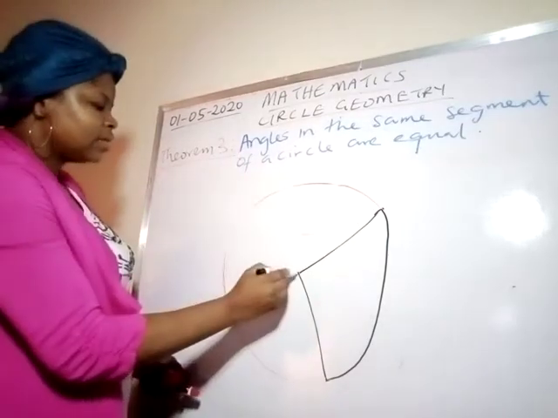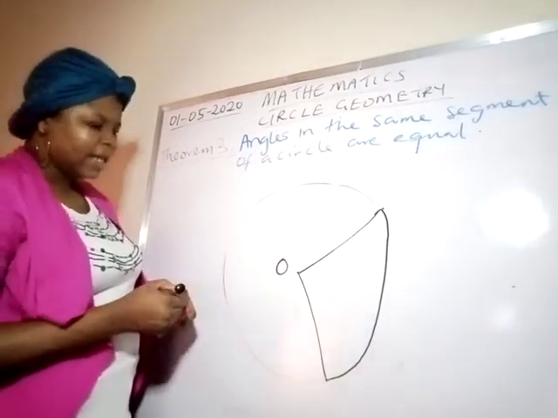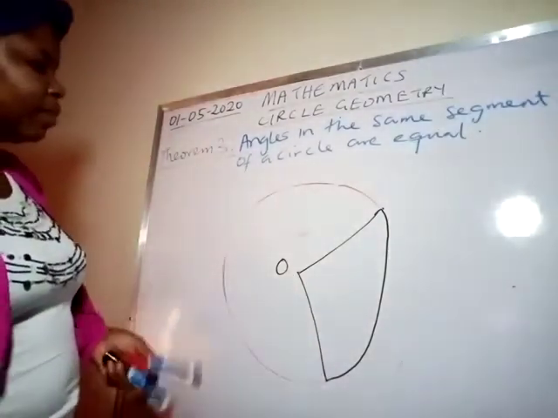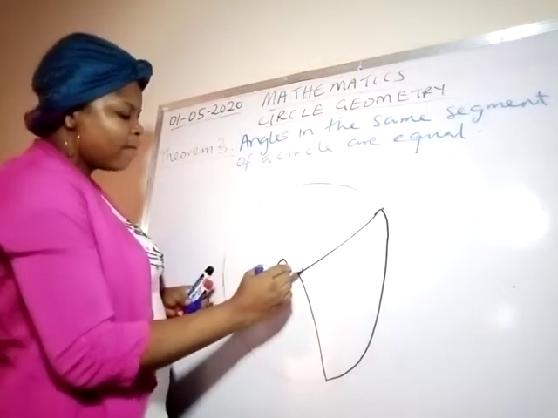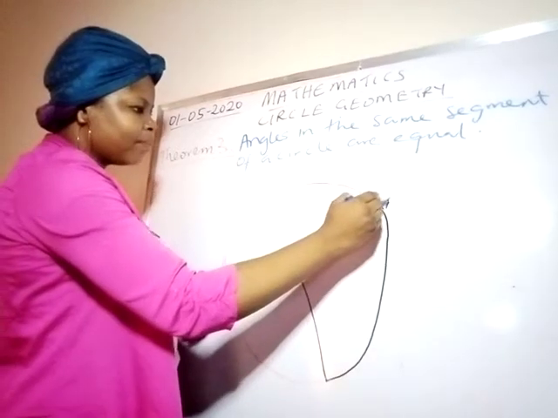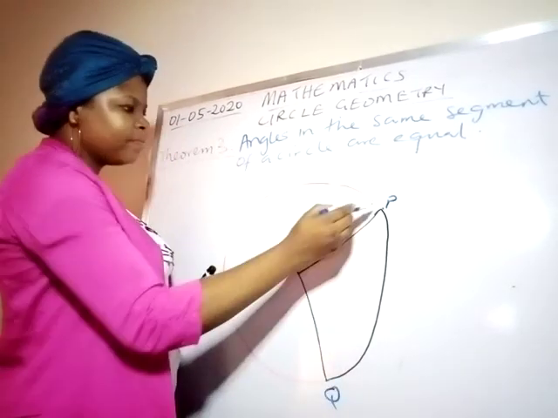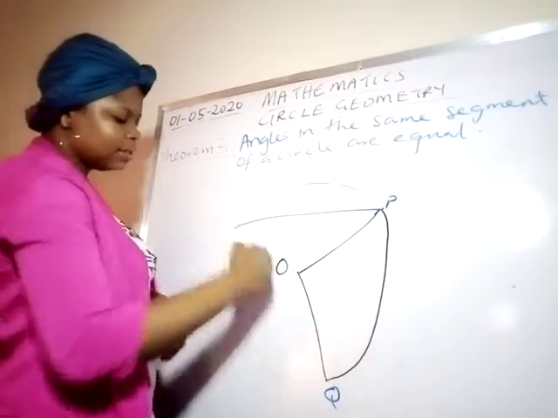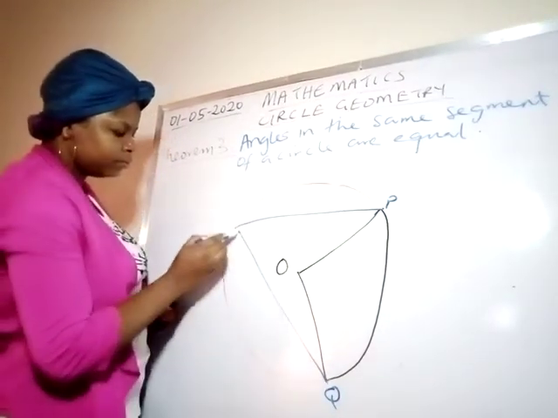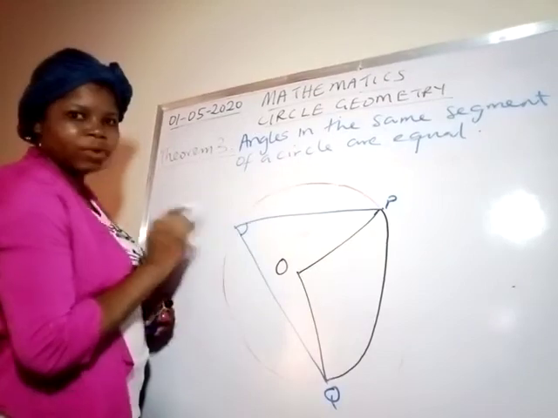Now let's say this is the center of the circle. The angles in the same segment are what? They are the same. That is, if I have, this is arc PQ, if this arc subtends to the major arc, you can see this is the major arc, I'm going to form an angle here.